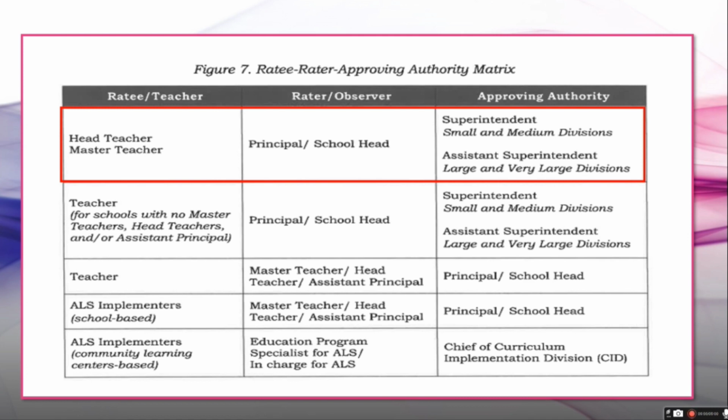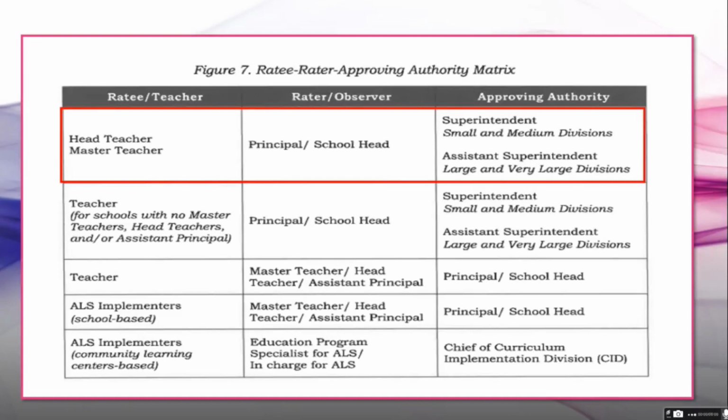And then the approving authority para sa mga small and medium divisions, and the assistant superintendent para sa mga large and very large divisions. So, ibig sabihin po, para sa lahat ng head teacher at master teacher, ang magre-rate lang po at mag-o-observe during our classroom observation is only the principal or the school head.